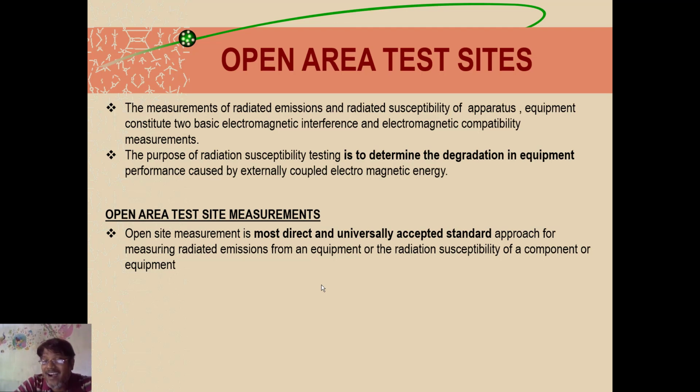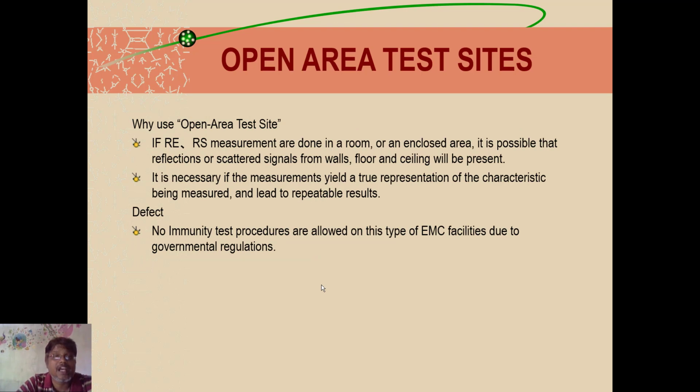It can be used only for RE and RS. It's open area radiation. So for a radiation test, for both your radiation emission level and radiation susceptibility level, you can use these open area test site standards and procedures. An emission has to be within the standard, and the radiation susceptibility threshold should be as high as possible. Immunity should be as high as possible.